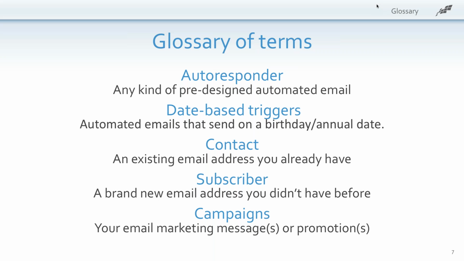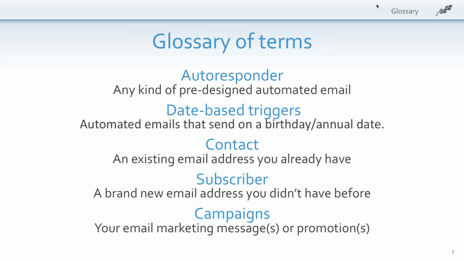When I say date-based triggers, I'm talking about automatic, pre-designed emails that we've created for you that are personalized to send to someone on a specific date. So think birthday, anniversary, or an annual date. When I say a contact, I'm referring to an existing email address that you already have stored on your email list.